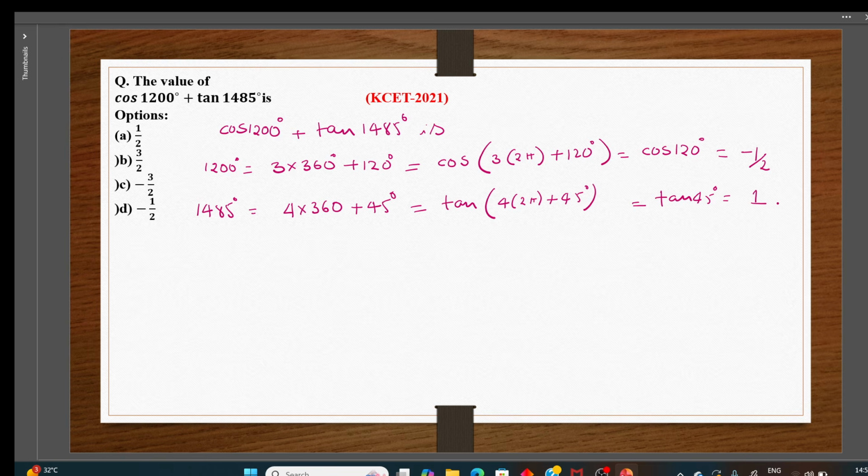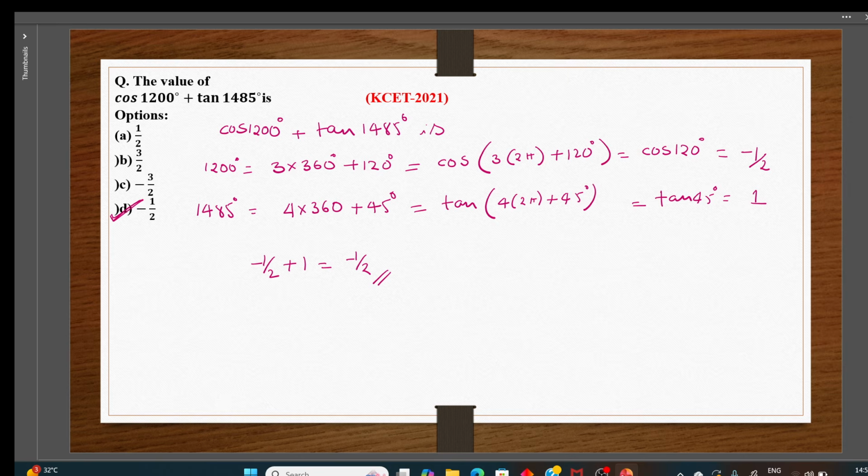Tan 45 value is 1. The sum of these two, cos 1200 plus tan 1485 degrees, is minus 1 by 2 plus 1, which is equal to 1 by 2. Clear? So 1 by 2 is the answer.